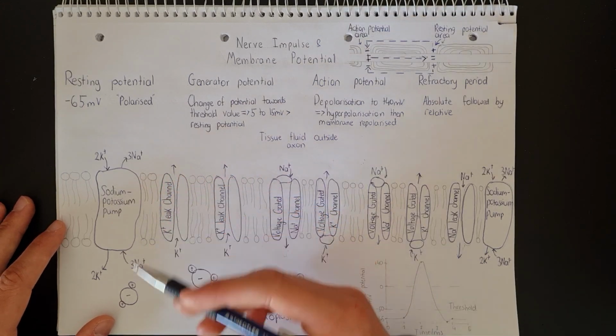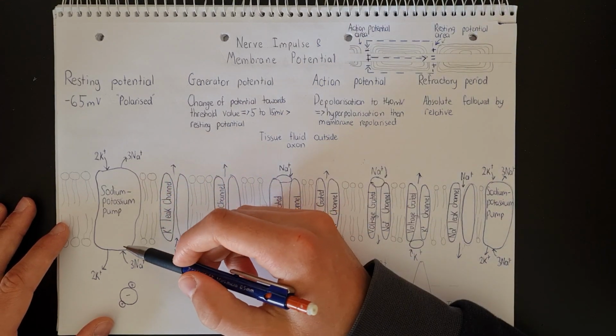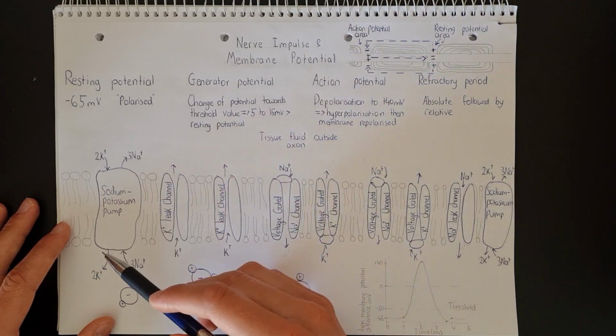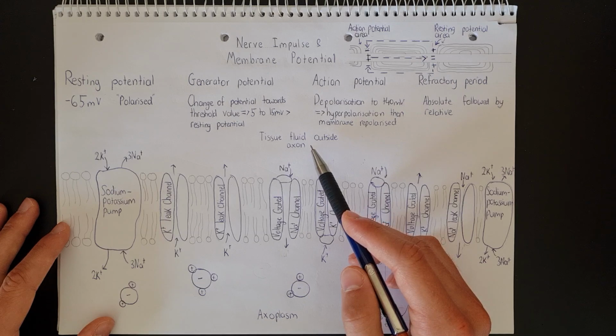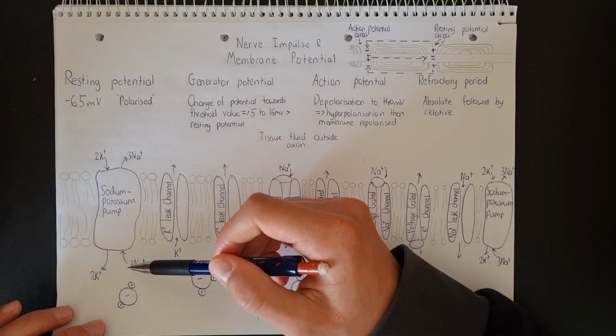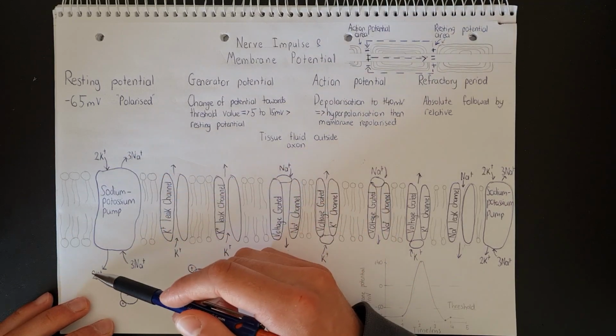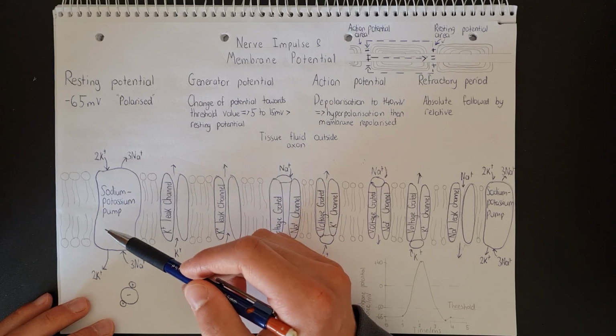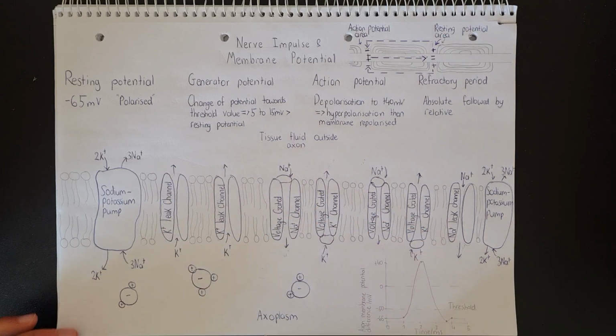Sodium-potassium pumps will actively transport 3 sodium ions out of the axon into the tissue fluid for every 2 potassium ions that come in. So 3 sodium ions going out, 2 potassium ions coming in. Now this is done actively, so using ATP.